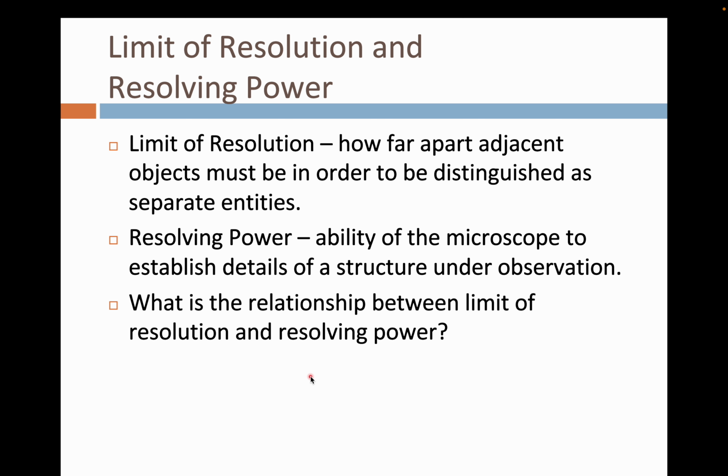So think about the fact that as you magnify from low power, from scanner, to high power, and even the oil immersion objective, you get to see more details. So now I want you to think about how the limit of resolution is changing. How does it change from a low power objective to a high power objective?